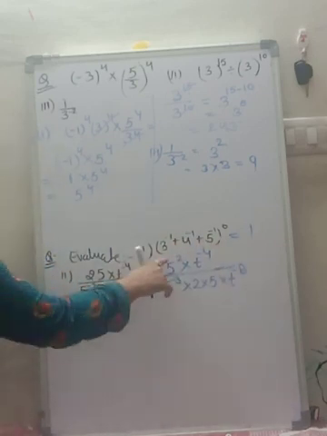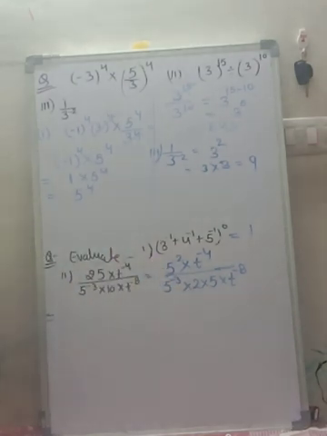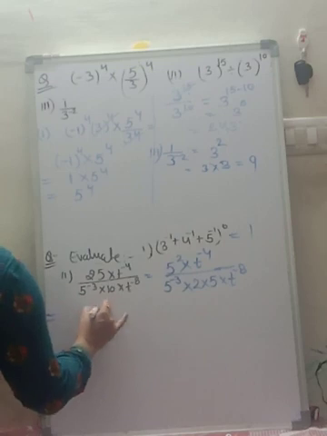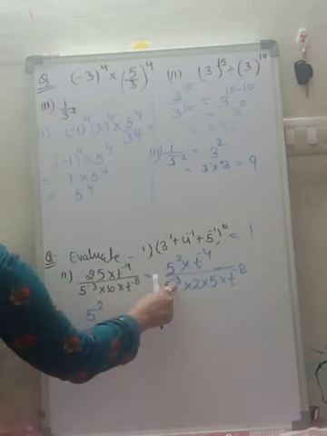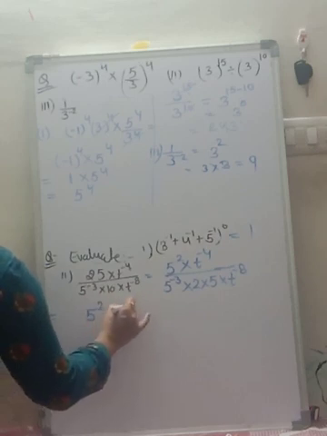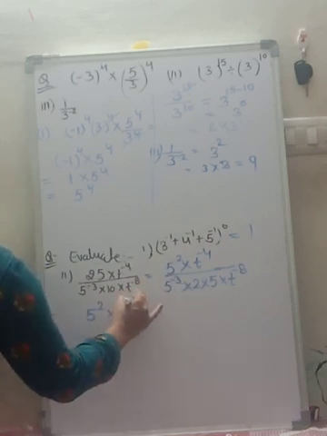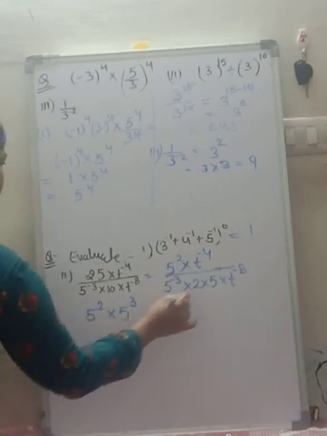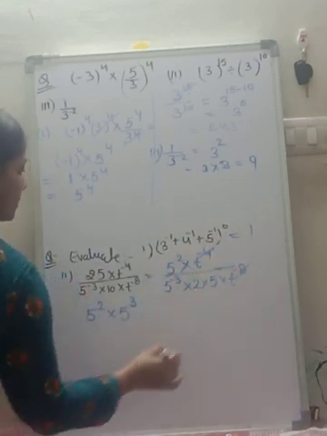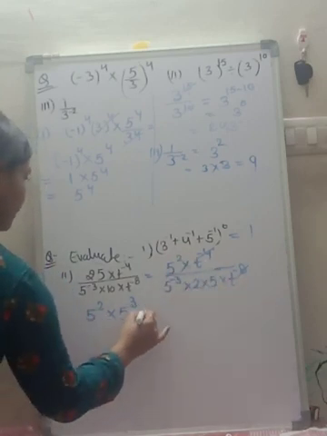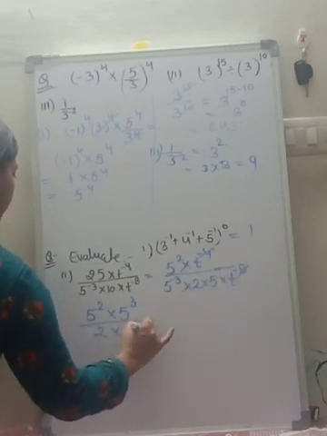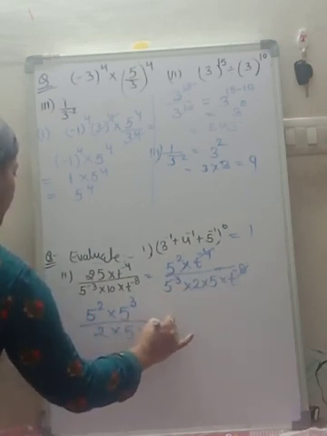So now 5^2 you can write as 5^2, and 5^3 is here. So here it will be 5^(2+3), and now this cancels out, and the remaining is 2 into 5 and t^(-4).